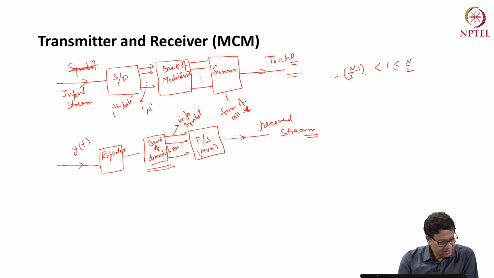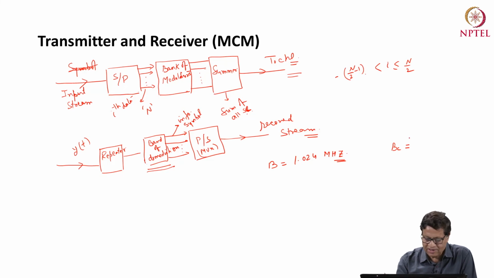So let us see some example to understand some numbers. Suppose your B is 1.024 megahertz, and BC, which is the coherence bandwidth in a wireless channel, is of the order of say 250 kilohertz.